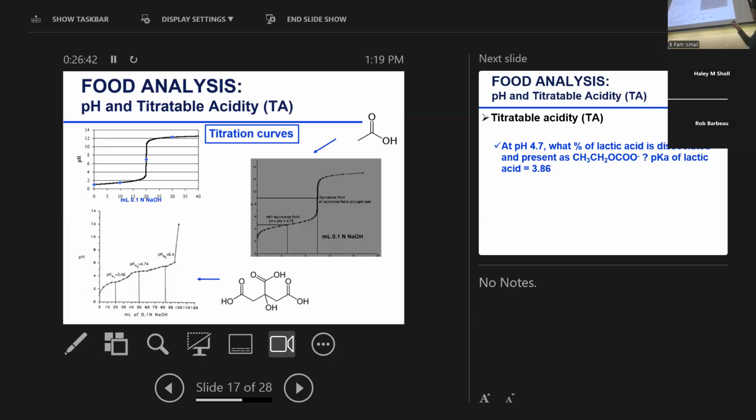This is acetic acid, so 1 carboxyl group, so we see 1 pKa, 1 buffering zone. So the pH is increasing with more NaOH, we get to a buffering zone, and it increases. We get to the equivalence point, and after another drop, we see a sharp increase in pH.